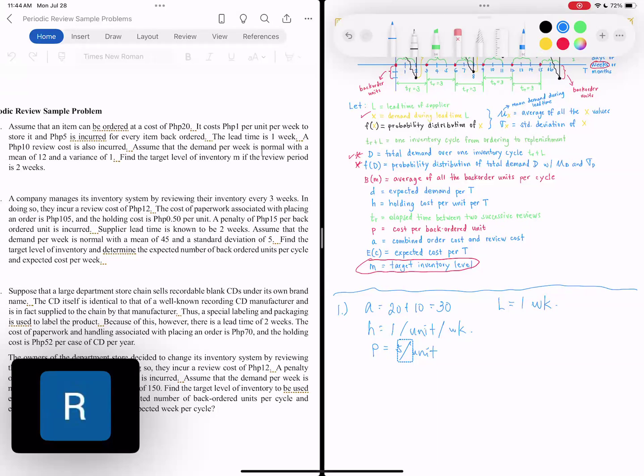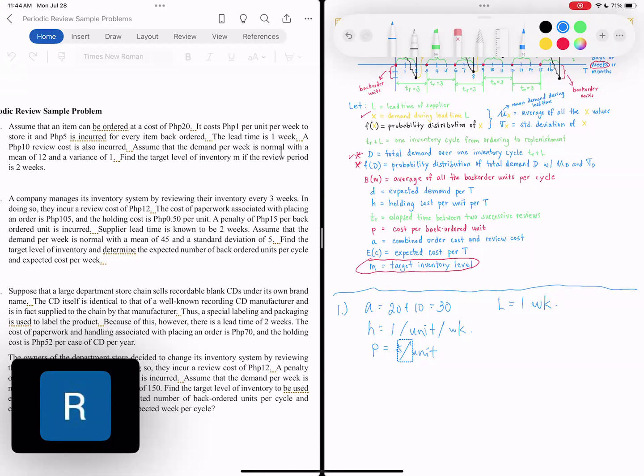But our random variable X here, if you still see it, X is the demand during lead time, and capital D, f of D, is the probability distribution of total demand. So no problem with that. If it says that the demand per week is normal, what is your lead time again? 1 week pala, no?